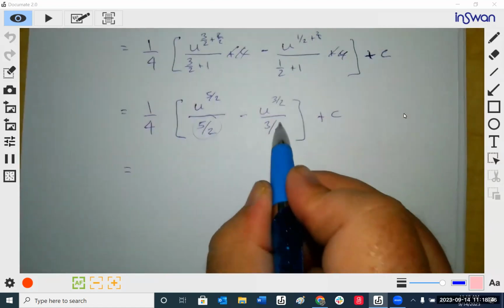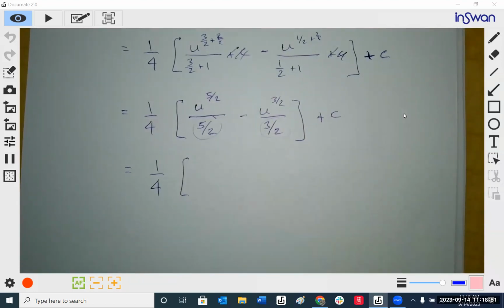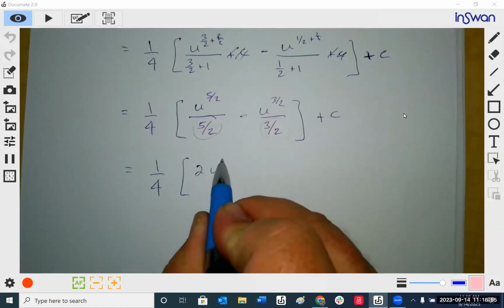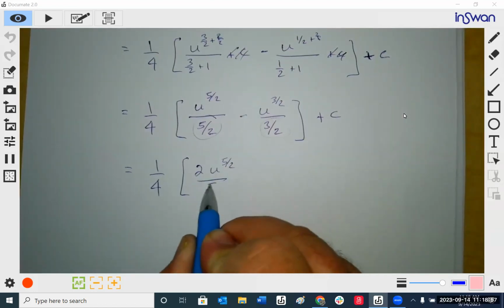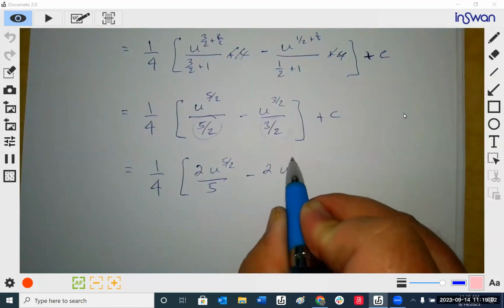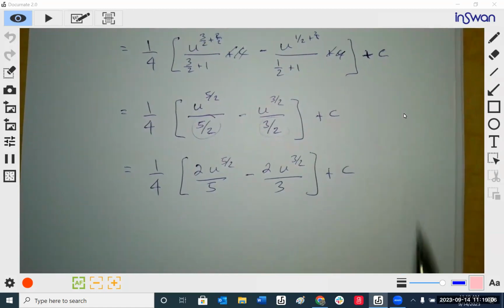What do you do when you have a fraction on the bottom? The reciprocal, so it's 2 u to the 5/2 over 5 minus 2 u to the 3/2 over 3 plus c.